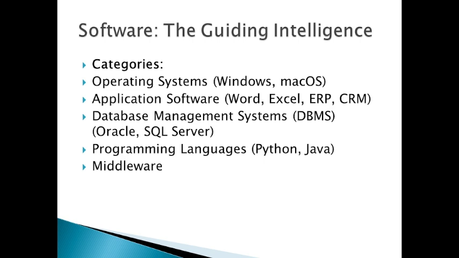Secondly, we have the application software. These are programs designed for specific tasks, such as word processing, spreadsheets, database management, enterprise resource planning systems, customer relationship management systems, and games. Application software directly serves user needs. The third area is database management systems under software.